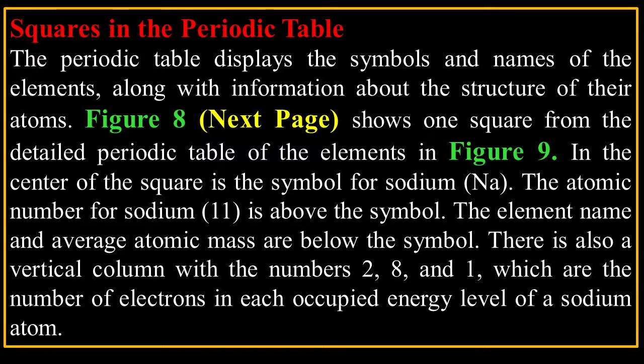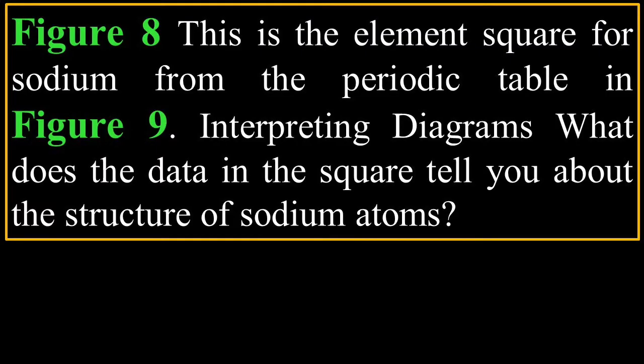There is also a vertical column with the numbers 2, 8, and 1, which are the number of electrons in each occupied energy level of the sodium atom. Figure 8, this is the element square for sodium from the periodic table in Figure 9.